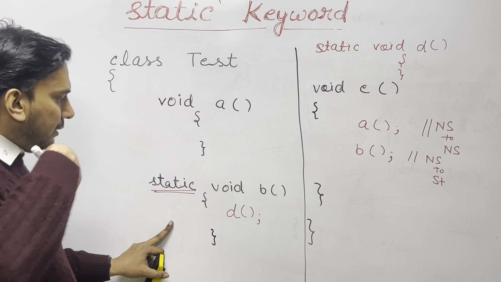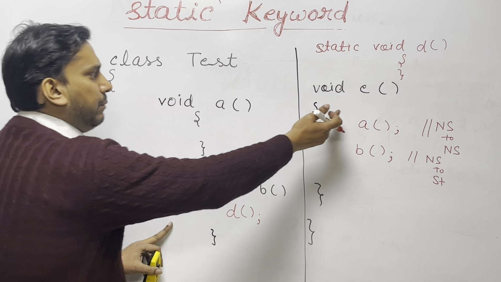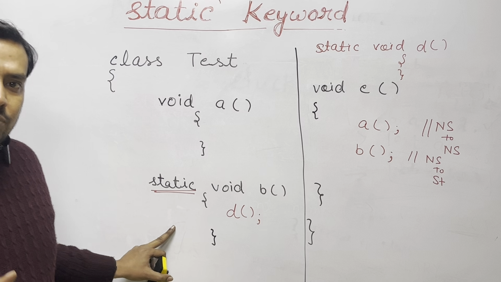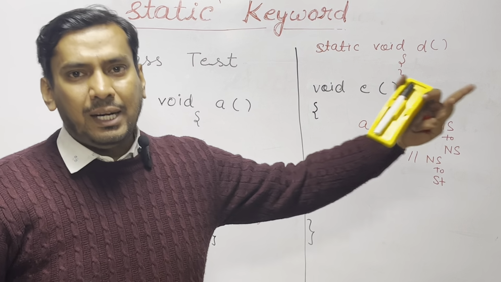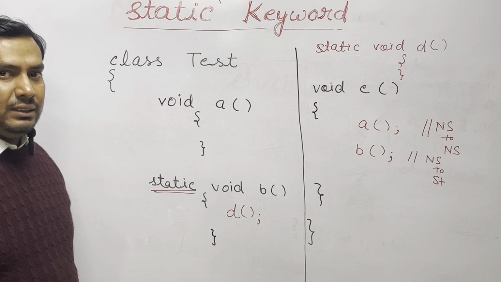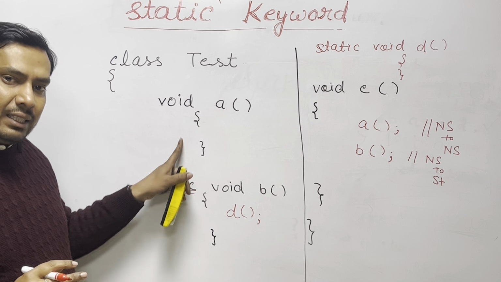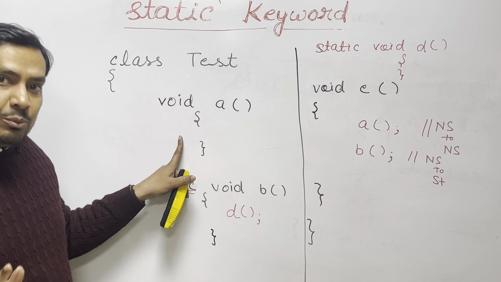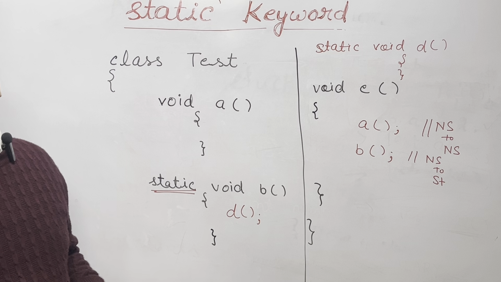But from static to non-static, if I have to call A or C, how will you call? You will have to follow the same procedure as when calling from another class. It means you have to use the object reference even inside the same class. You are calling from within the class, but because you are calling non-static from static, you have to create the object of your own class and then call it.